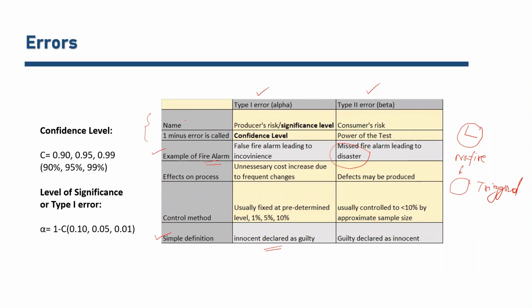Okay, so what is the effect on process? Try to understand. If you have a type 1 error, it is not a problem in an industrial scenario.